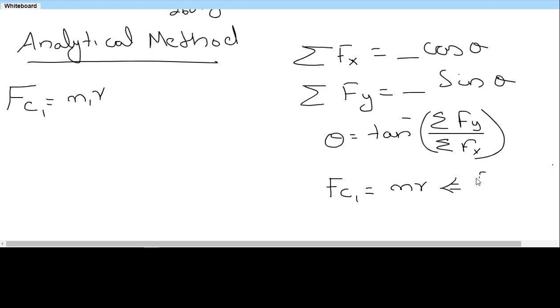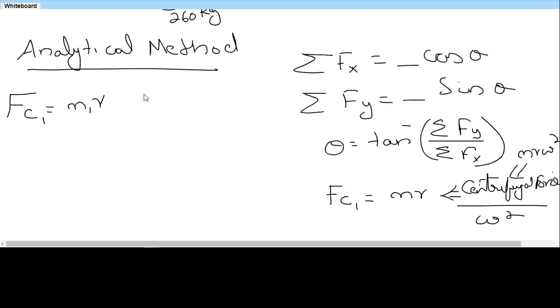We are taking it as centrifugal force divided by omega square, because we know centrifugal force is m r omega square. But we are not taking omega because it is not required, because while we do the solutions that omega square will be common and it will be cancelling out, and anyway in the question omega will not be given.